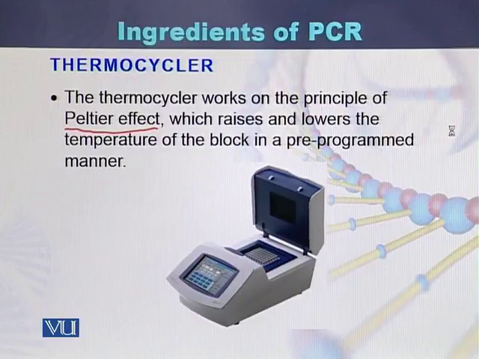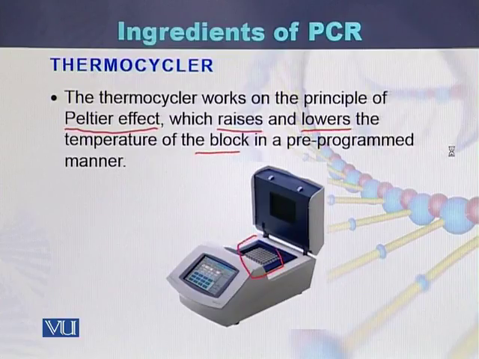Once we have to increase the temperature, and during the next step we have to decrease the temperature, such a process is called the Peltier effect. So the Peltier effect raises and decreases the temperature in a block. This is the block of the PCR.